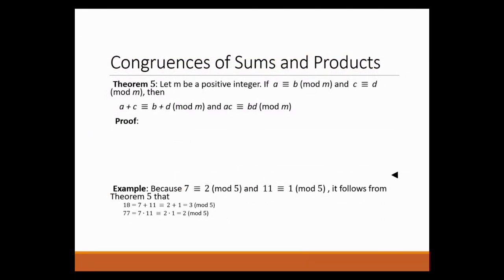The congruence of sum and product theorem states that if m is a positive integer and a is congruent to b mod m and c is congruent to d mod m, then a plus c is congruent to b plus d mod m, and also ac is congruent to b times d mod m.